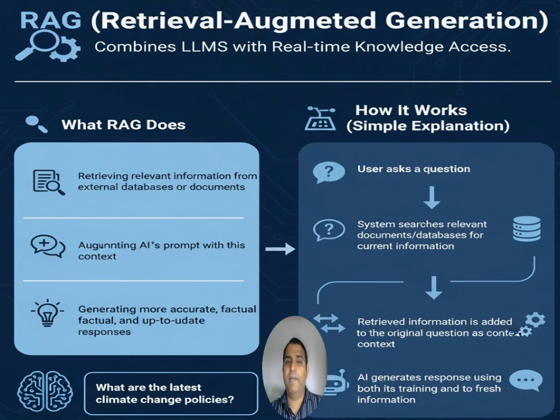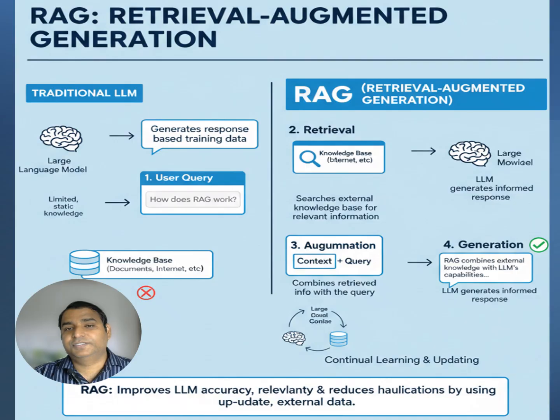Then it picks the best matching content, the document that is most closely related to your question. Then it gives the content to the AI model. The AI reads these selected documents to understand the topic better, and then the AI writes an answer using the content. So the response is accurate and based on real information, not just guesses.